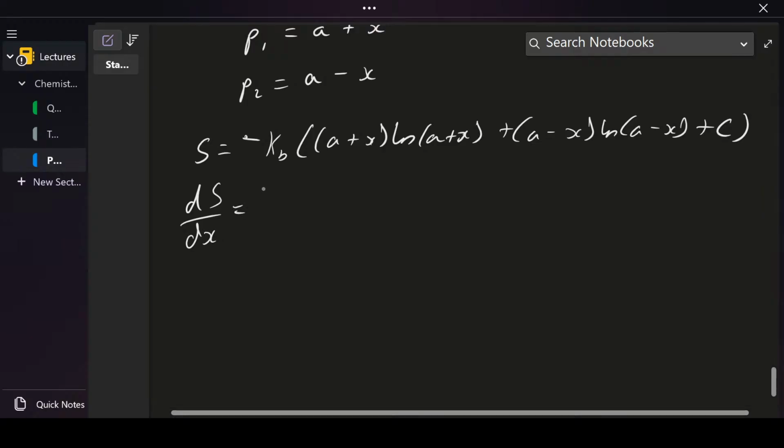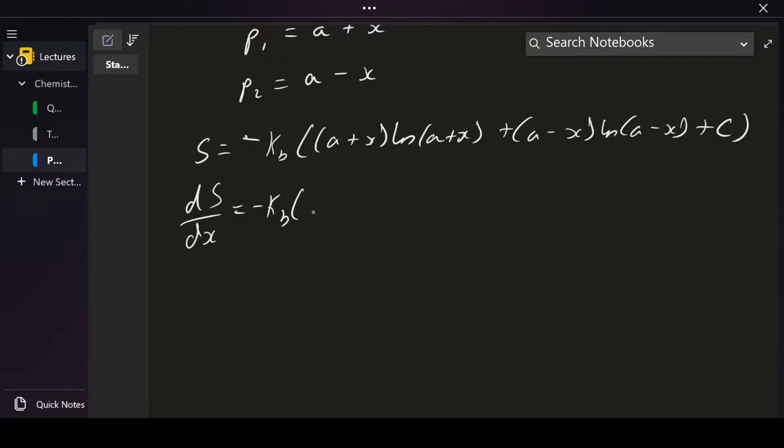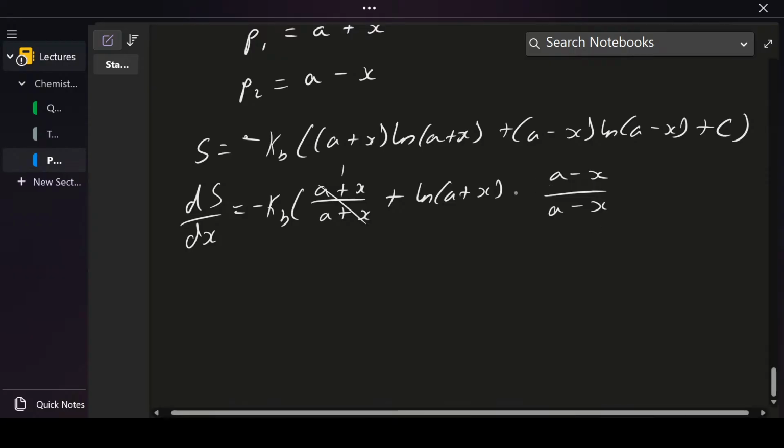And so I can expand out this derivative. So here I'm going to get (A plus x) over (A plus x), then A plus x, this is just 1. And then here I'm going to end up getting (A minus x) over (A minus x). Is that correct? Sorry, there's going to be a negative as well.